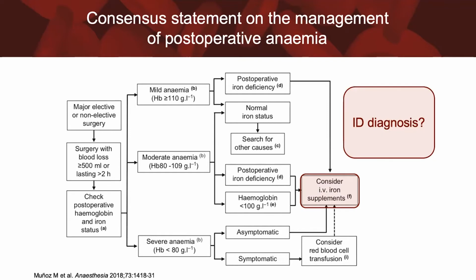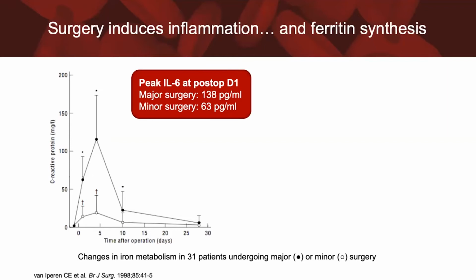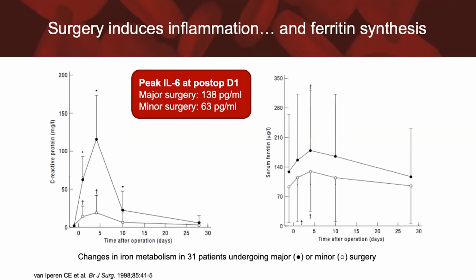How could we diagnose iron deficiency in this postoperative period? It is important to remember that surgery induces inflammation. As you can see here, major surgery induces a wide increase in CRP, and you also have an increase in serum ferritin, which is directly linked to the inflammation.